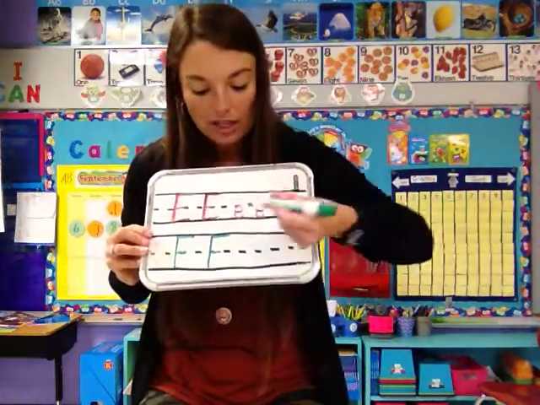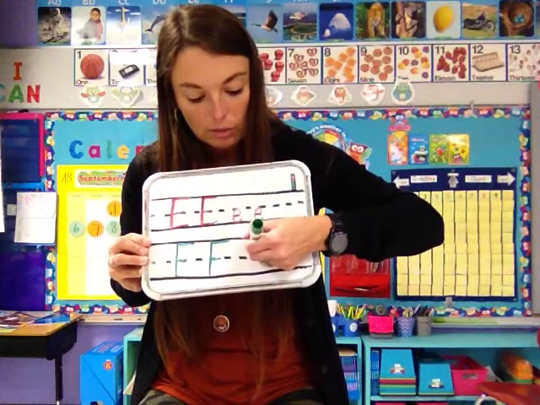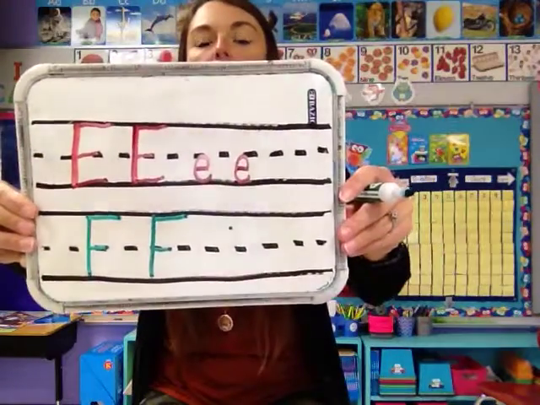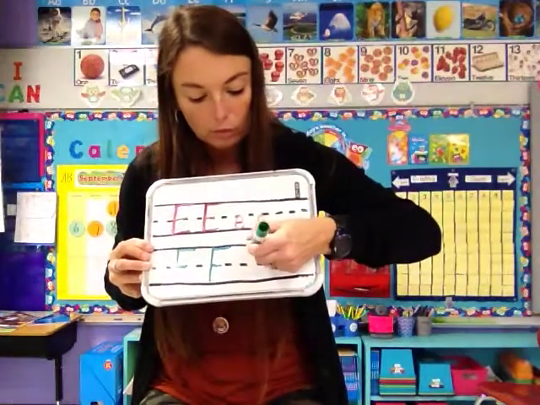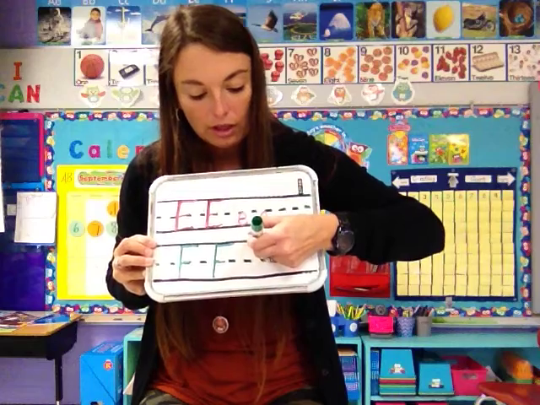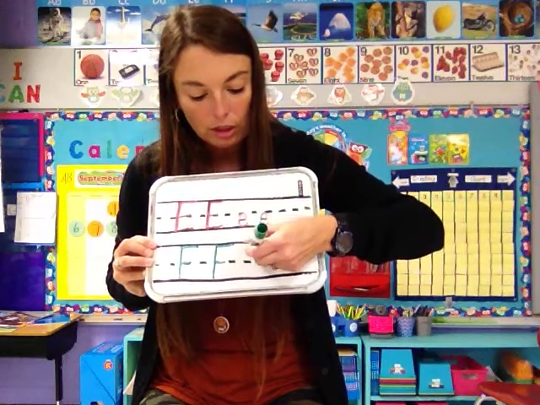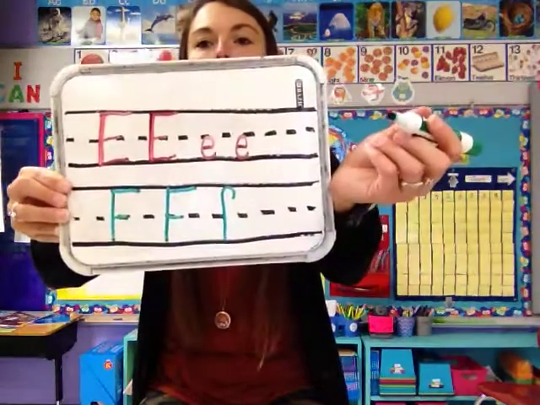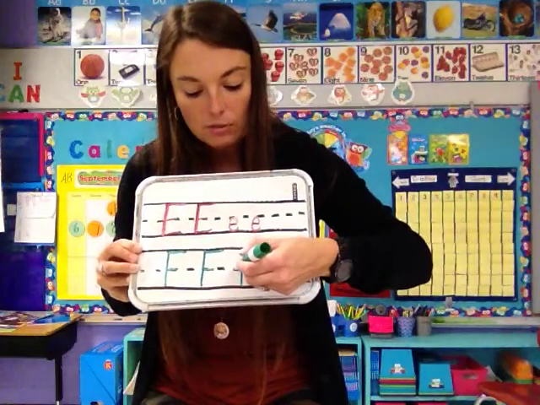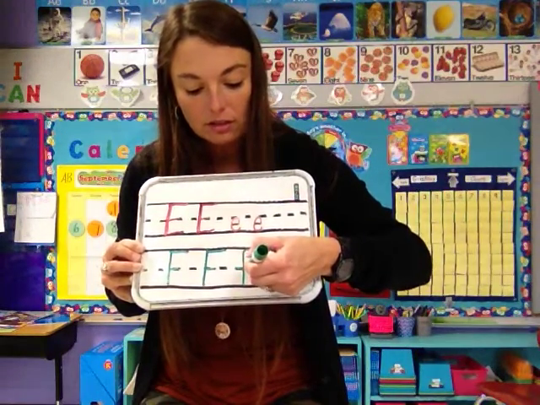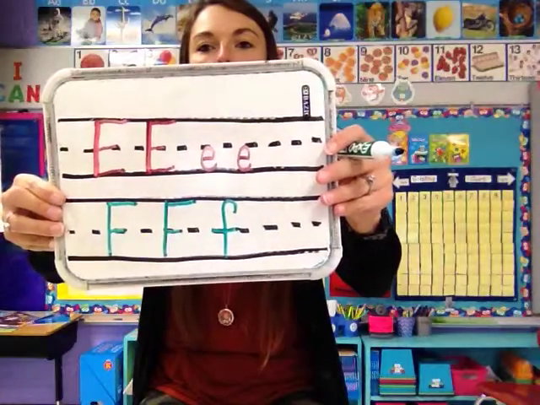Now, lowercase f, we start a little bit below the top line. We're going to go up and make a hook and go straight down to the bottom. Then we come back to the middle line and we cross it in the middle. Just like that.